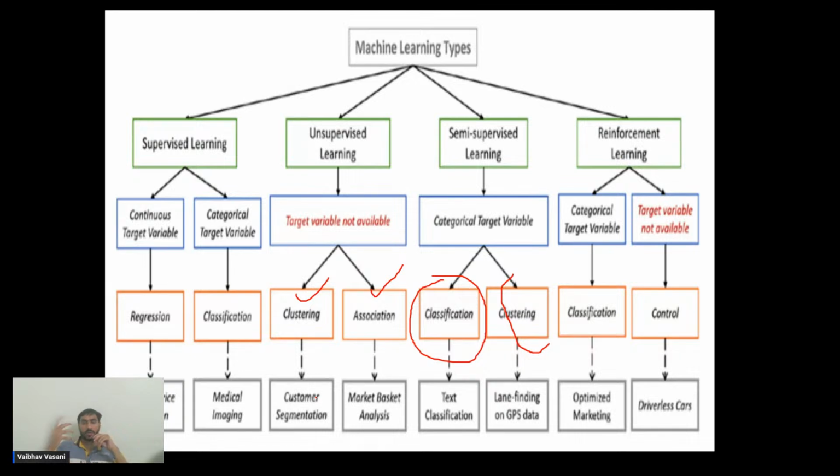Because target variables are not available, we cluster them, we group them by unsupervised learning algorithms. There are many algorithms in unsupervised learning: K-means clustering, K-medoid, hierarchical. In association, we have Apriori, then FP-growth, or maybe Park-Chen-Yu algorithm, PCY. In semi-supervised classification and clustering, we can mix the flavors of supervised and unsupervised together, and we can have semi-supervised.